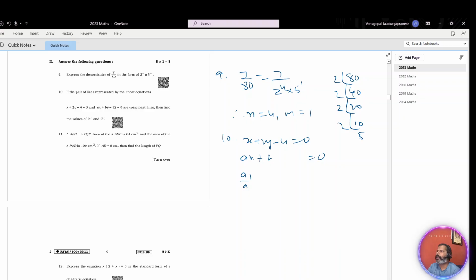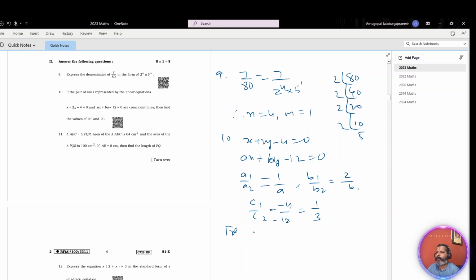ax plus by minus 12: a1 by a2 is 1 by a, b1 by b2 is 2 by b, c1 by c2 is minus 4 by minus 12, that is 1 by 3.